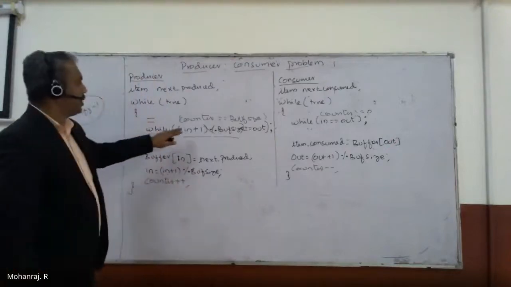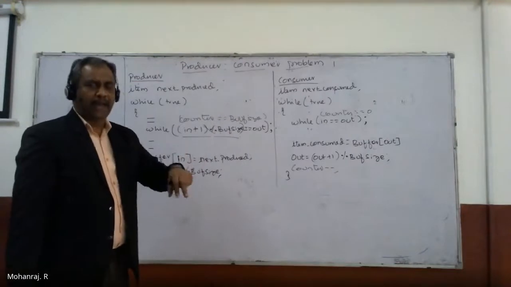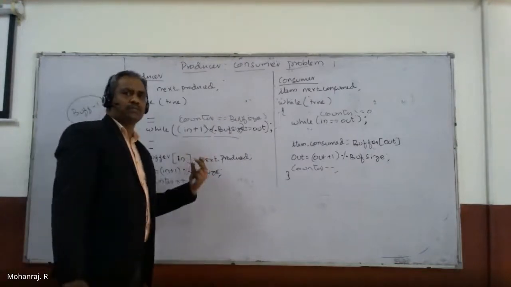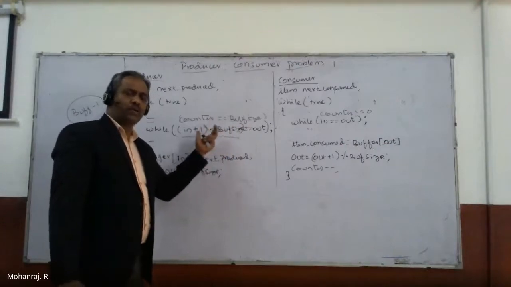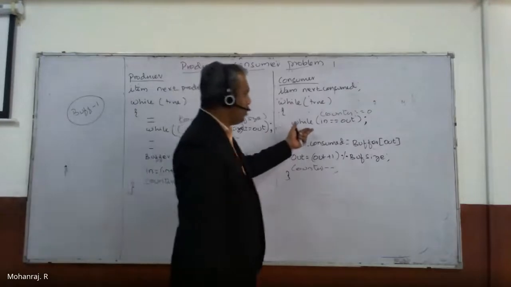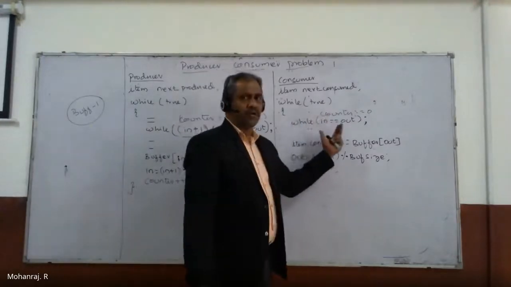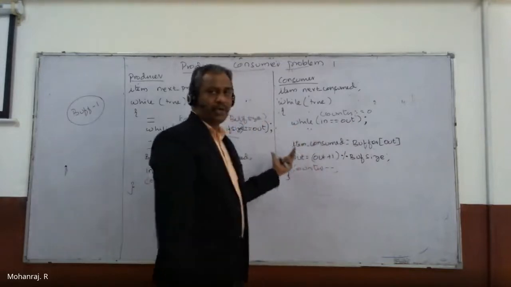I have just changed the counter to the buffer size. Before placing an item, I need to check whether the counter has reached the maximum buffer size. If it is the buffer size, it won't allow placing. And here we are going to test whether the counter value is 0. Upon finding it is 0, there is no item, so it cannot be consumed.